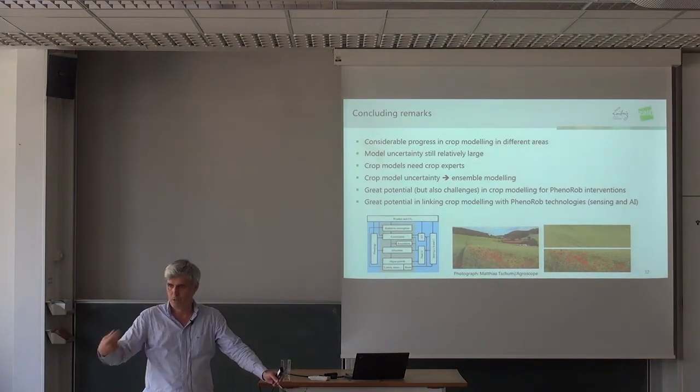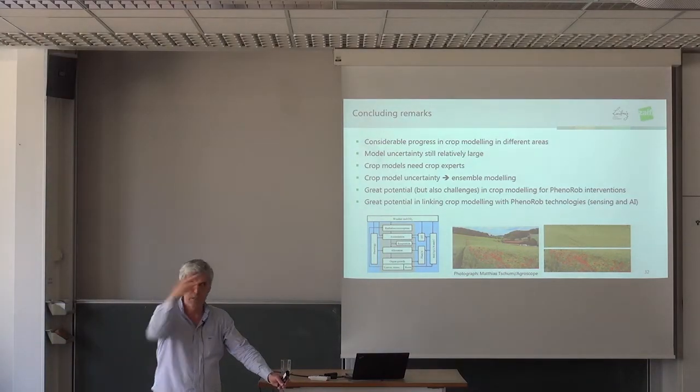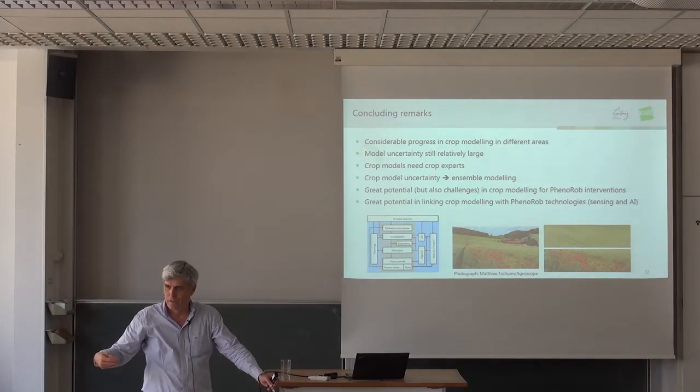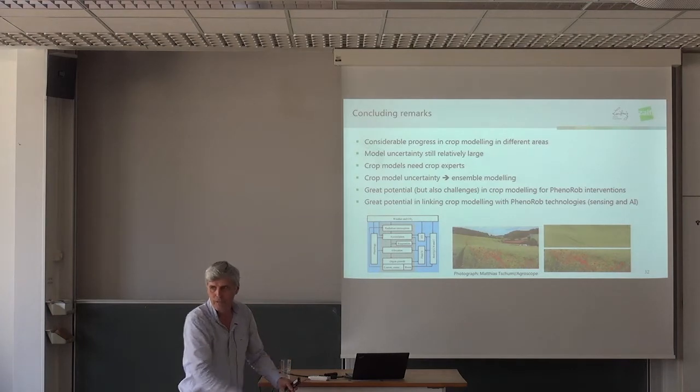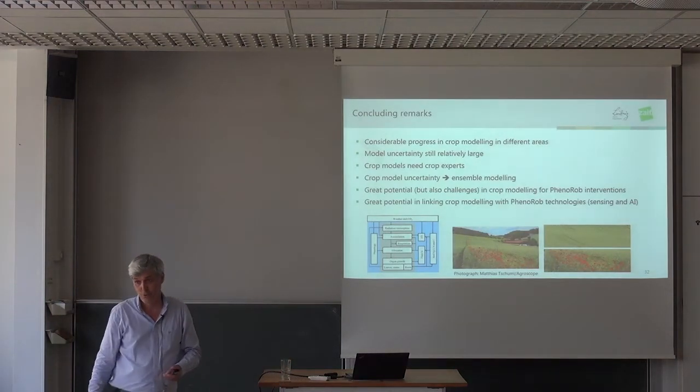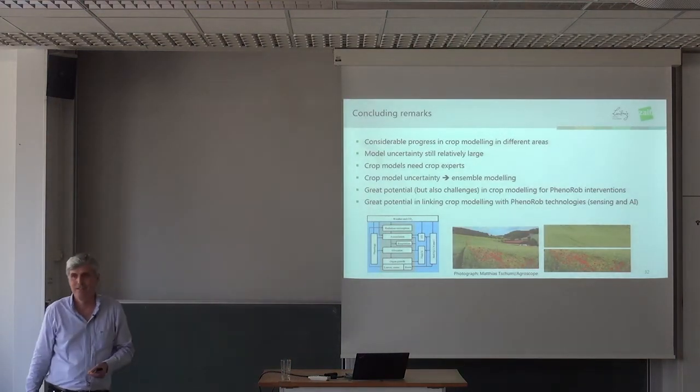The model calculates the demand of nitrogen depending on what is expected in terms of growth, and then makes a decision. So that has to happen if your device goes maybe a kilometer per hour. But that's the scenario where you already know that you're going to intervene with nitrogen.